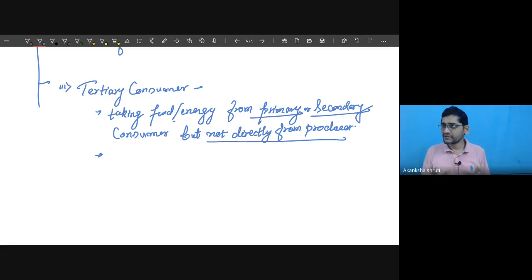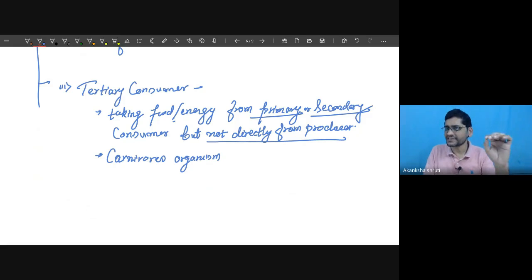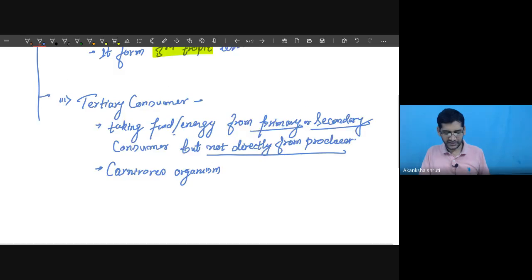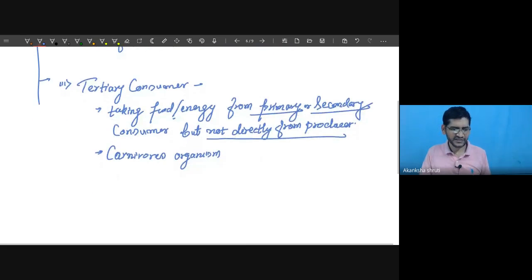Means which category of organism will it be? It will always be a carnivorous organism. So all the carnivorous organisms, or flesh eating, only flesh eating organisms, fall in this tertiary category.